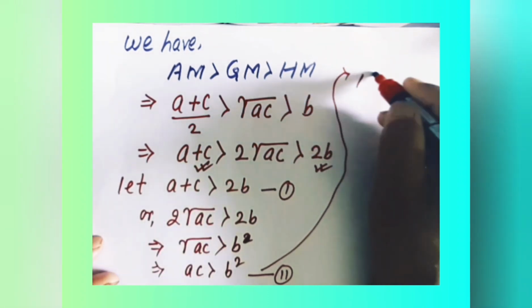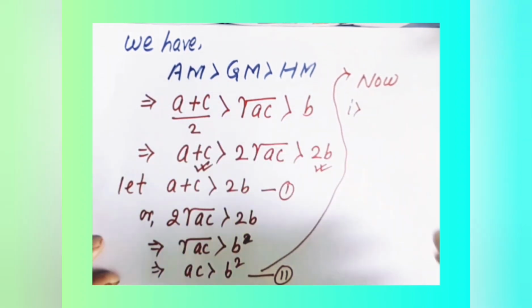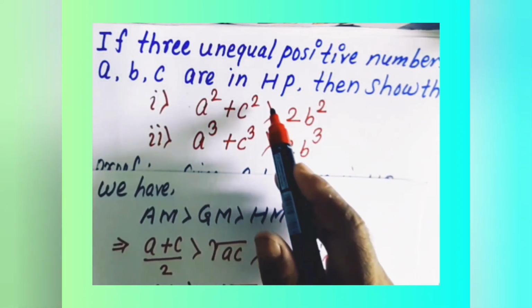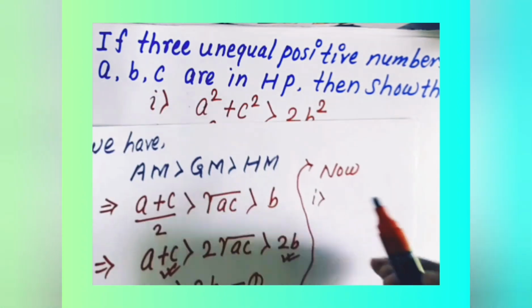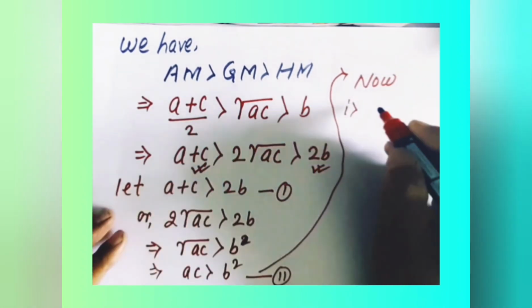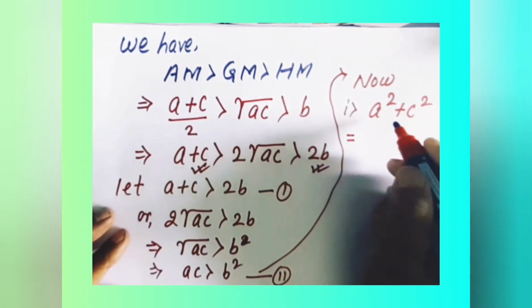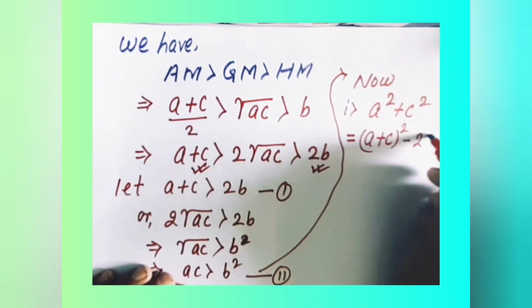So now, in the first we are going to prove this: A square plus C square is greater than 2B square. Taking this A square plus C square, we can write it as the square of A plus C minus 2AC.